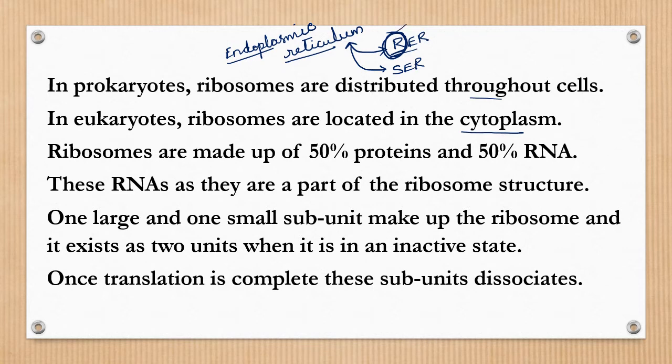Now, ribosomes are made up of 50% proteins and 50% RNA. These RNAs are part of the ribosome structure. One large and one small subunit make up the ribosome, and it exists as two units when it is in an inactive state.